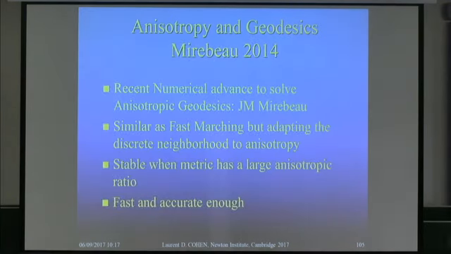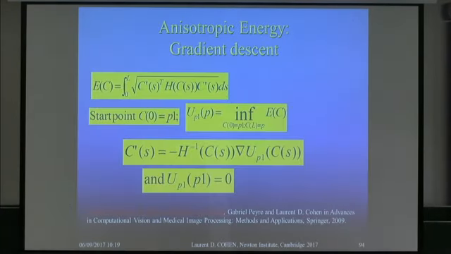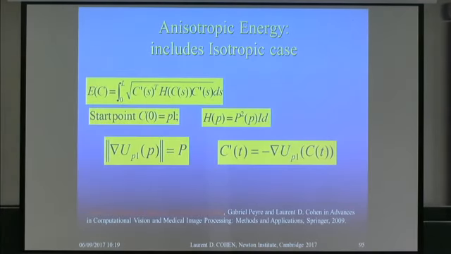And a few years ago, this was difficult to use because the classical fast marching method was not very efficient when the anisotropy is large. Until a few years ago we had to use a different algorithm which evolved U, and so it was efficient numerically, but it took much more time.